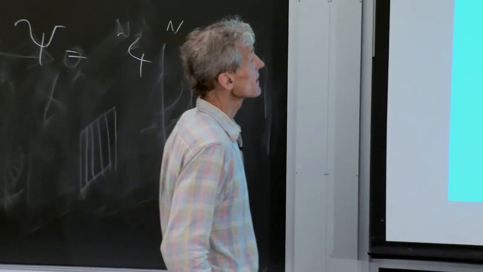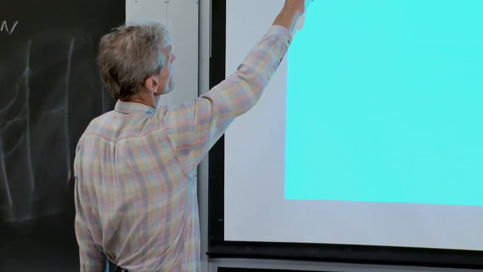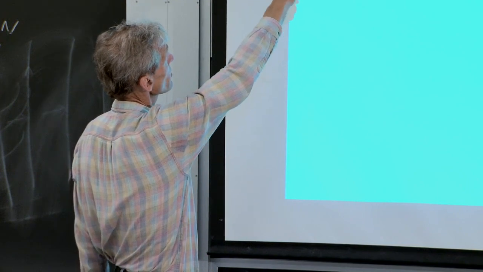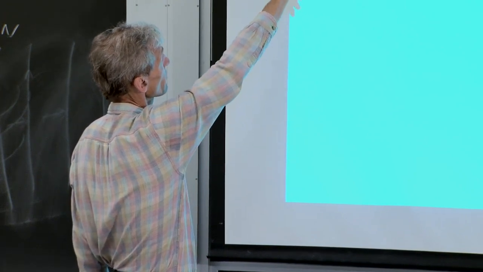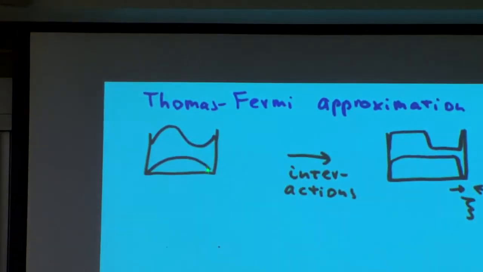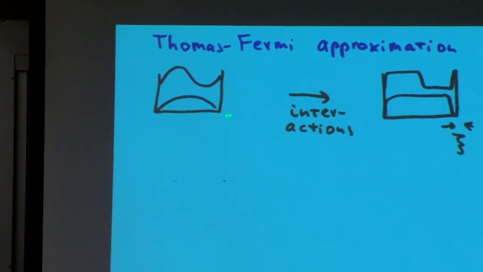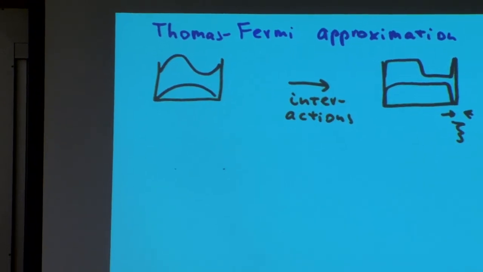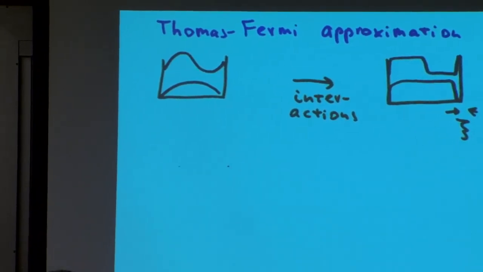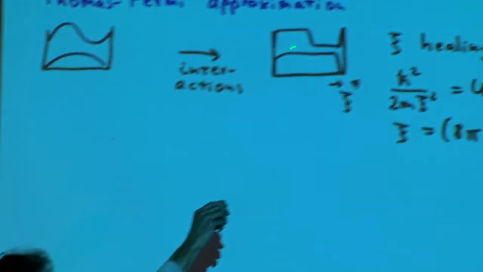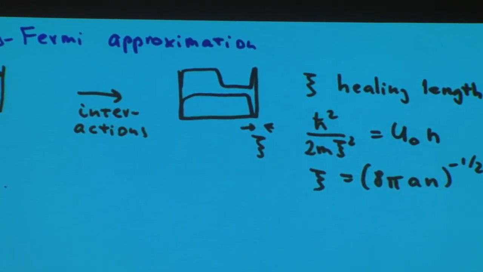So if we have a box potential, and you know the ground state in a box is just half a period of a sine function, this would be the macroscopic wave function of a non-interacting condensate in a box potential. But if you now put in strong interactions, the strong interactions want to flatten out the density.